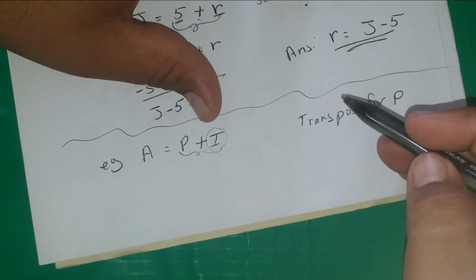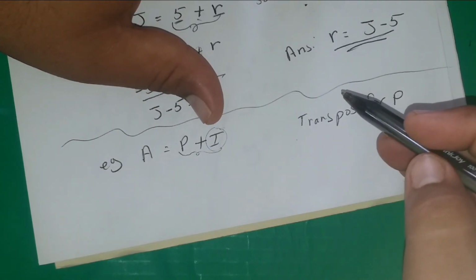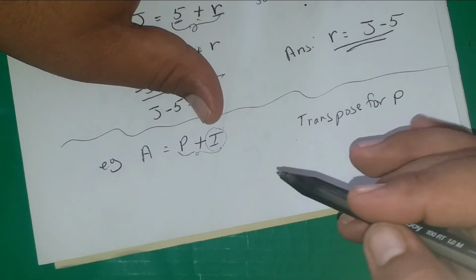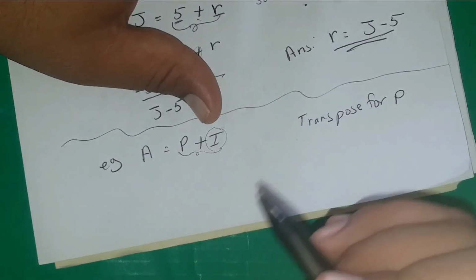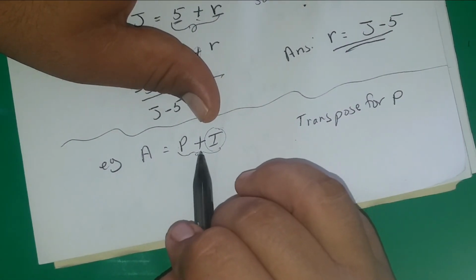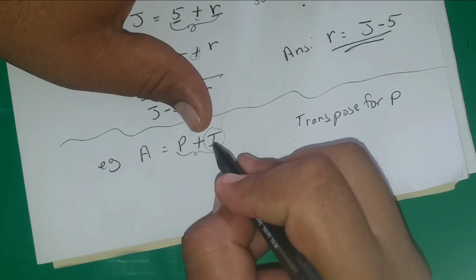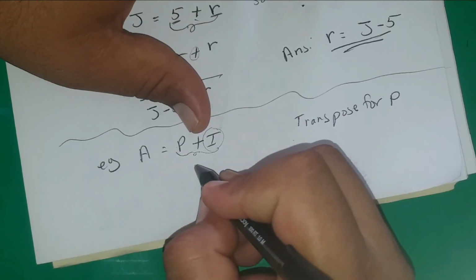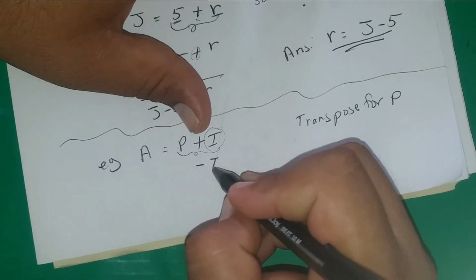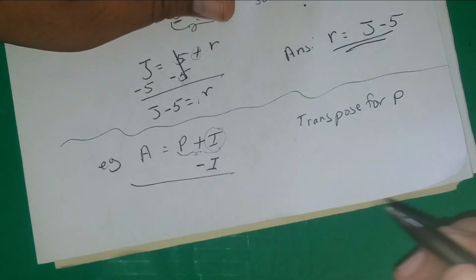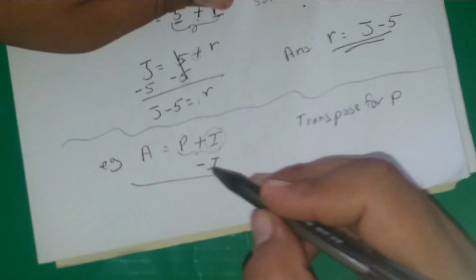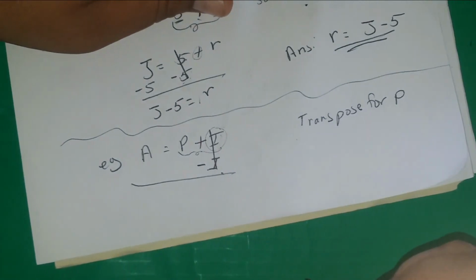It is separated by plus, so what will make I 0? I minus I will make it 0. Make sense? I minus I, 0.